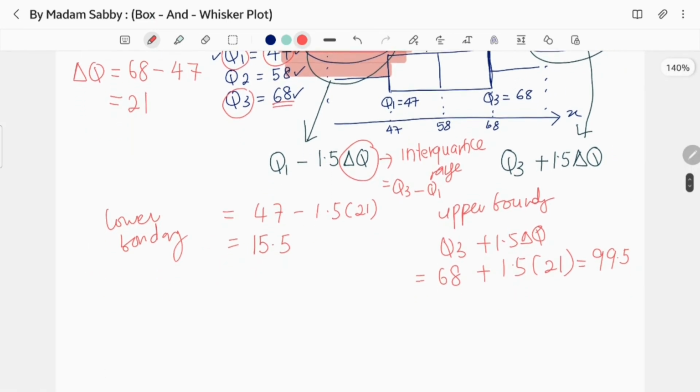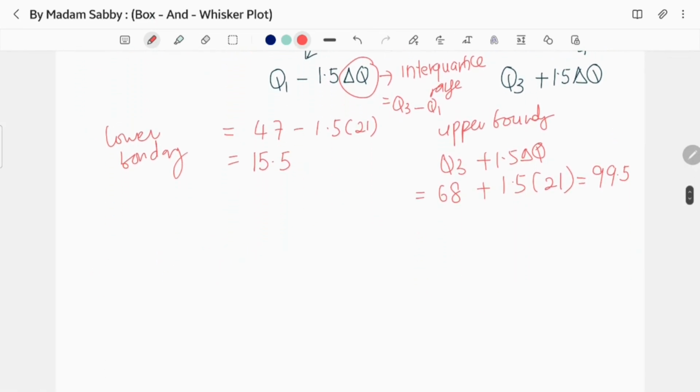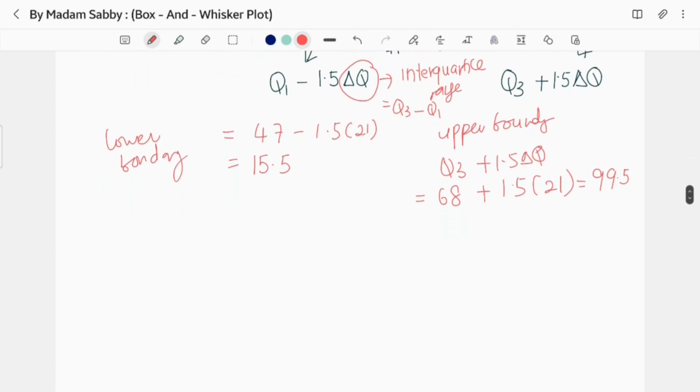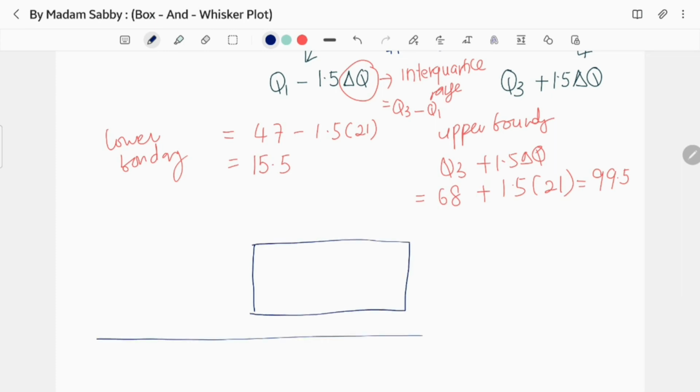Okay, so now we can draw a more detailed box and whisker plot. So this is your box and whisker plot. This should be your x-axis, if you draw your graph in the landscape mode.